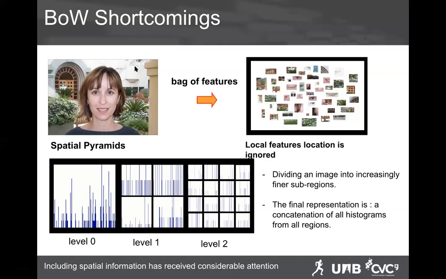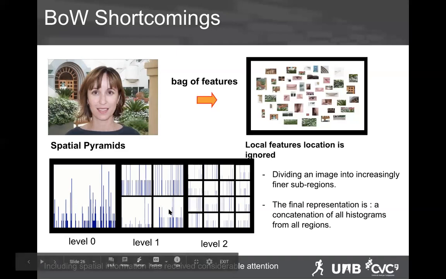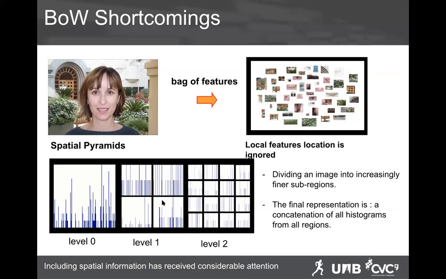How many times the eyes happened on the top right corner, and the bottom right corner. So by having this kind of spatial information, we can preserve the location information, which is very important, and it actually proved to boost the performance of recognition systems very, very much.